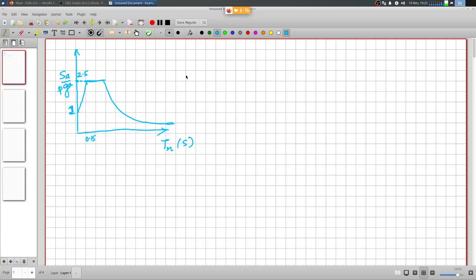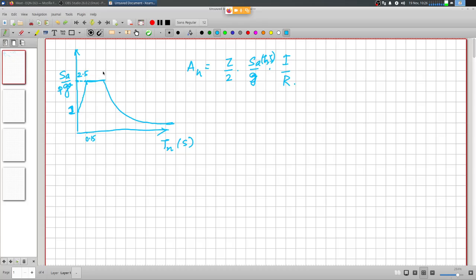And the seismic coefficient is given by Z by 2, SA by G, and I by R. So SA by G is of course a function of TN and damping.